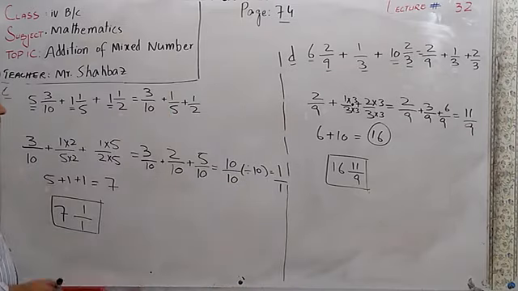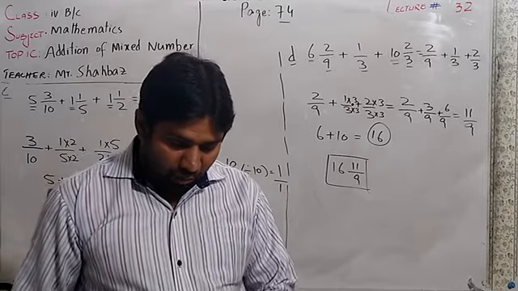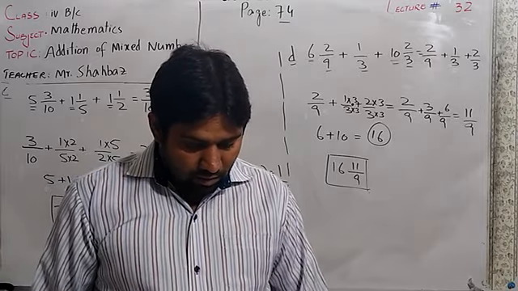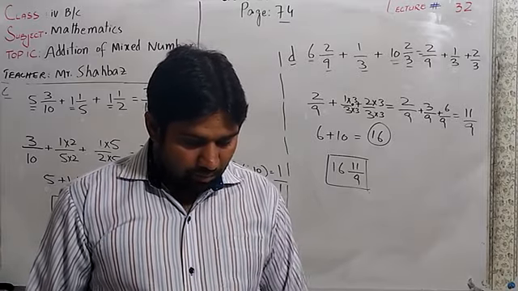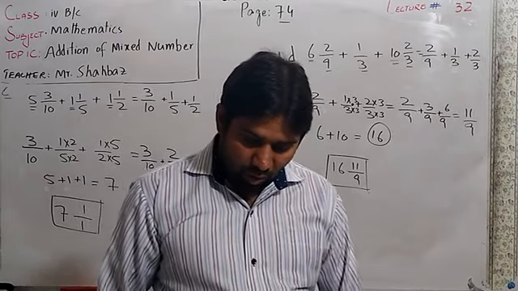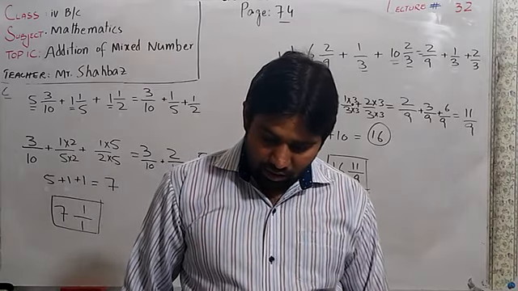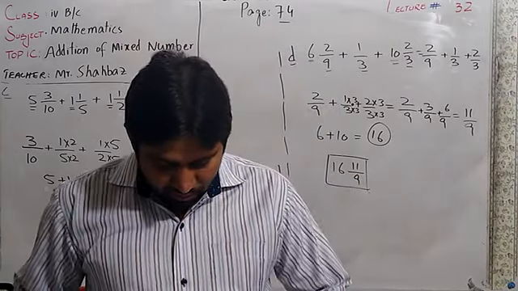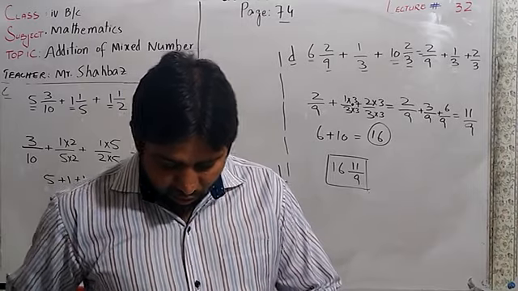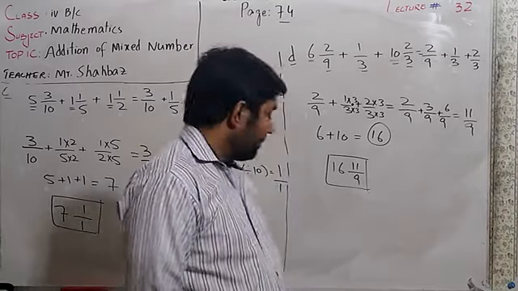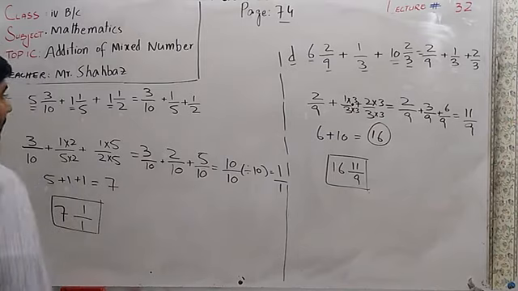Okay, dear students, I did all parts A, B, C, D, and your homework is question 1, part A, B I did, C and D your homework, and question 3 also I did 2 parts A and B, C and D is your homework. What is your homework?